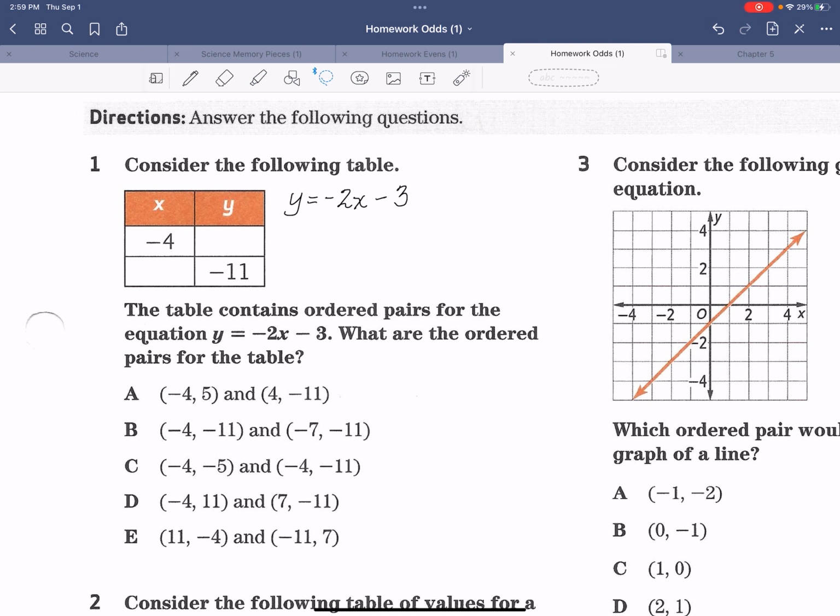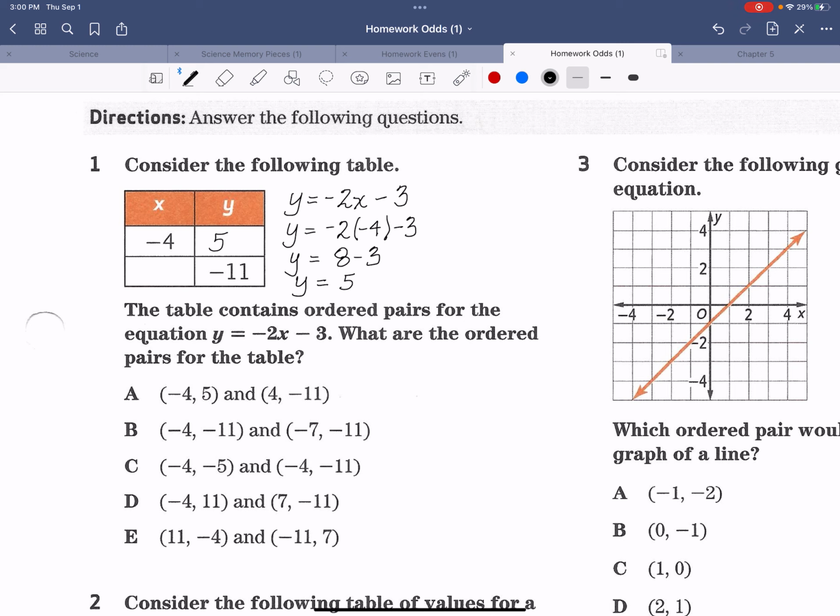So the first time I'm looking for y, so I'll leave y in there. And I need the negative 2 times negative 4 minus 3. So y would equal 8 minus 3. Y would be 5. So negative 4 and 5.